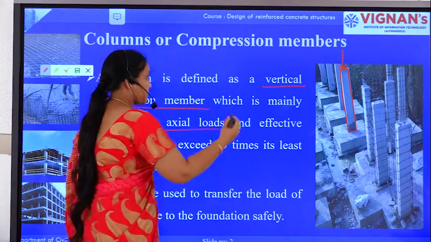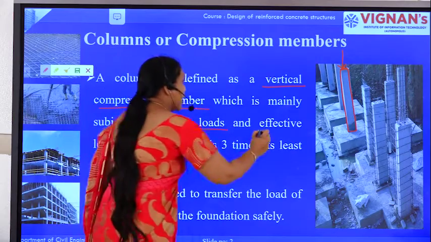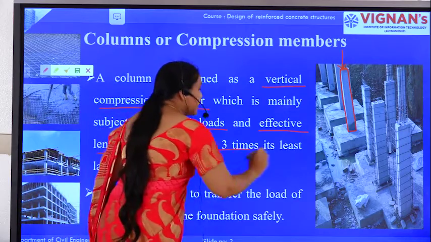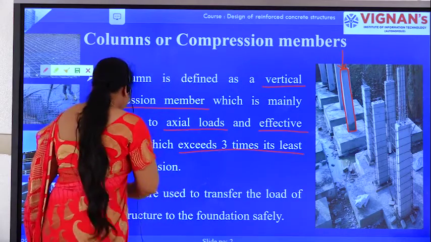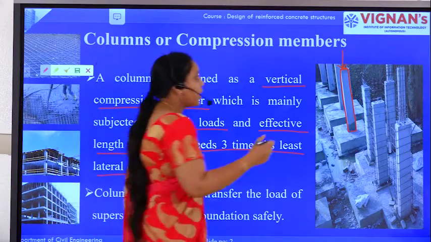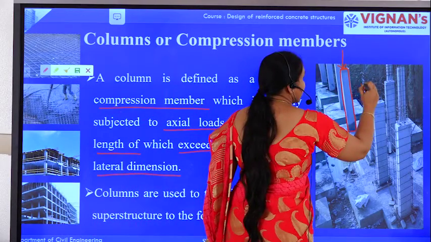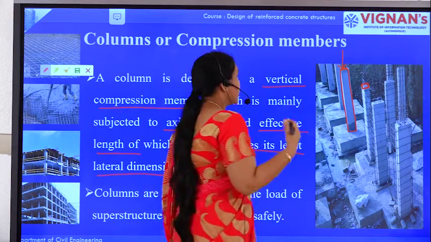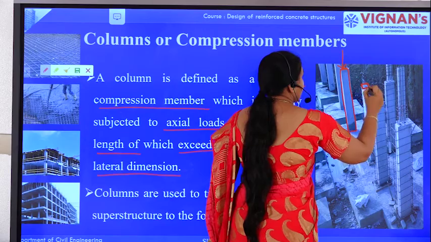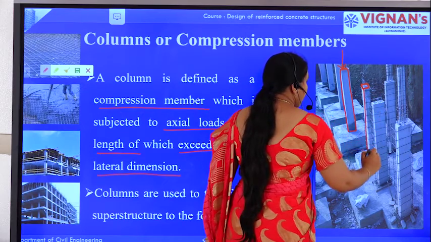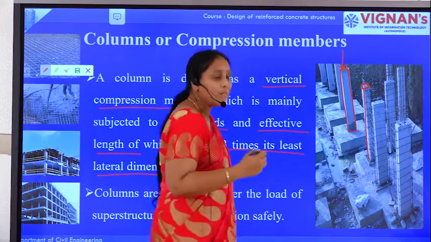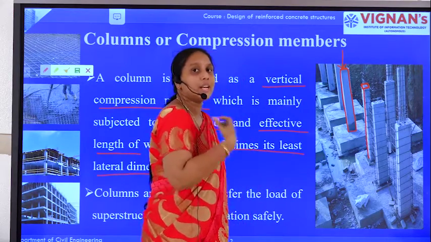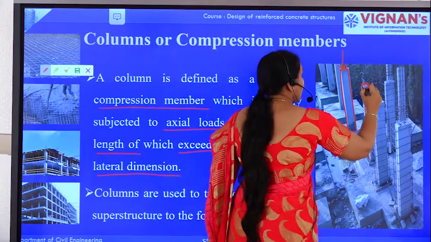When the column's effective length exceeds 3 times its least lateral dimension, these are the lateral dimensions of the column. The effective length of this particular column will be more than 3 times the least lateral dimension.